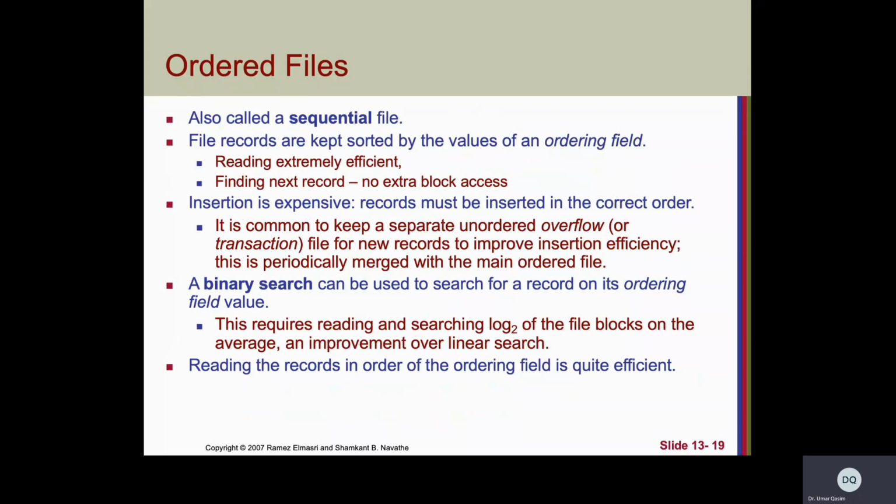On the contrary, we have ordered files, or sequential files. In a sequential file, all file records are kept sorted by the value of an ordering field. So you are ordering them, let's say by student ID, so you will have ID number 1, 2, 3, and 4.